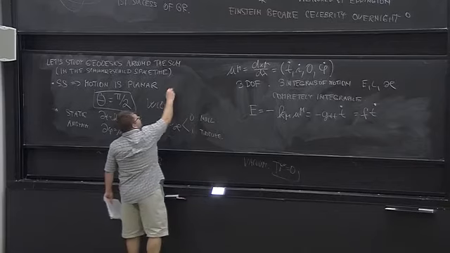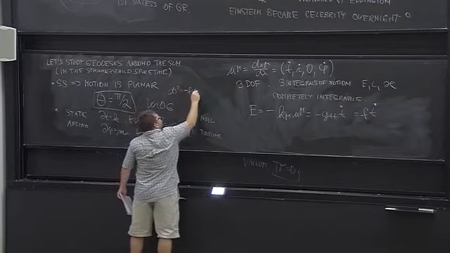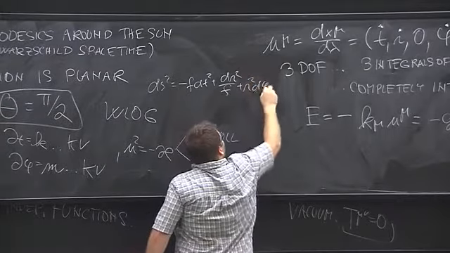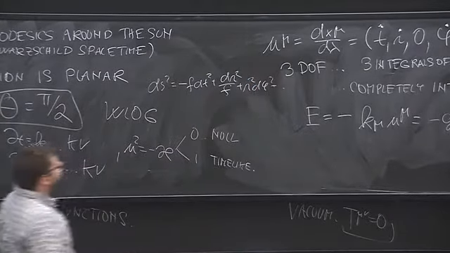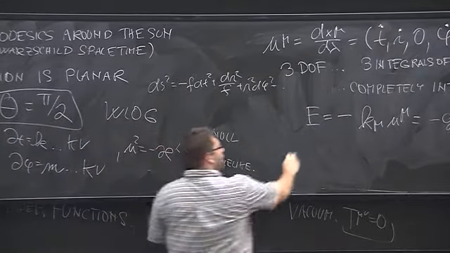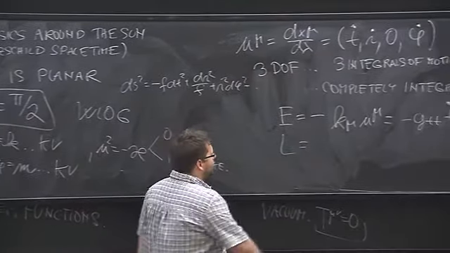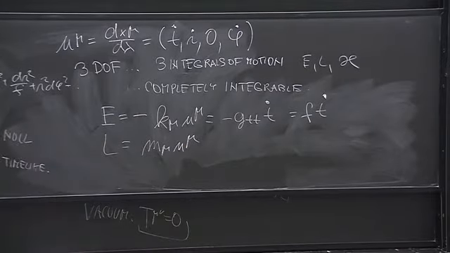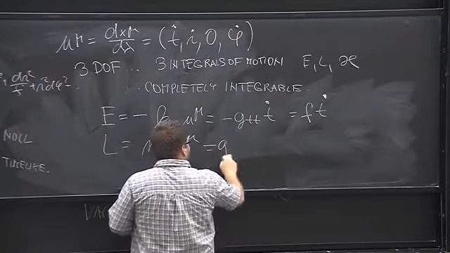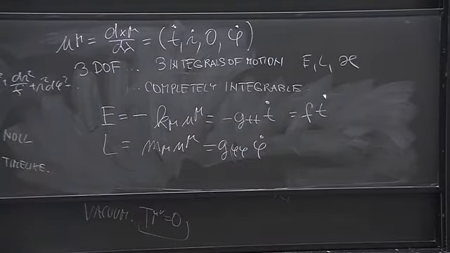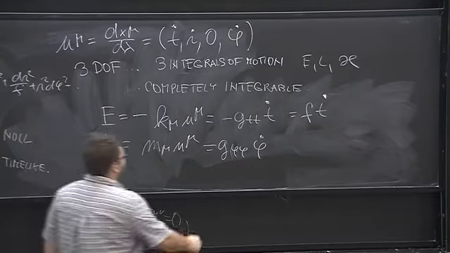I just remind you, the Schwarzschild metric is like this. So my g_tt component is f. Now I have another conserved quantity, which is the angular momentum, given by the other Killing vector, with convention plus m mu u mu, and that's simply g phi phi phi dot, which is r square phi dot.